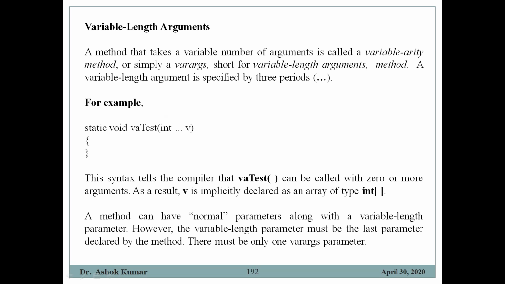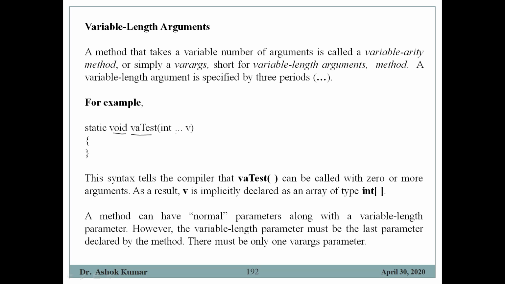First, you have to write the return type. It can be static or non-static. I have written static over here, but a variable length argument method can be non-static also. Then this is the return type of the method, and this one is the name of the method.